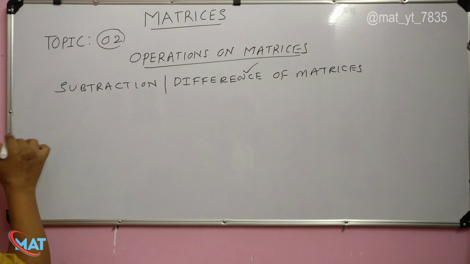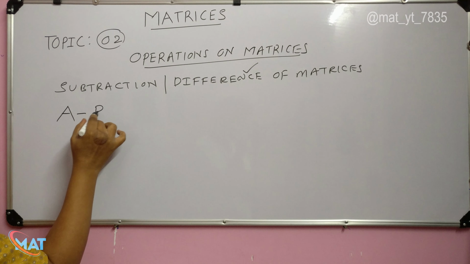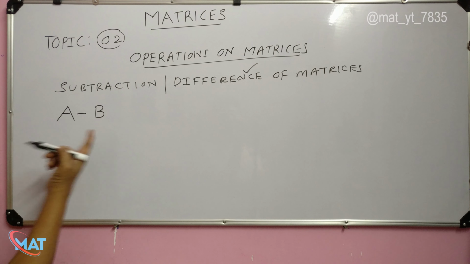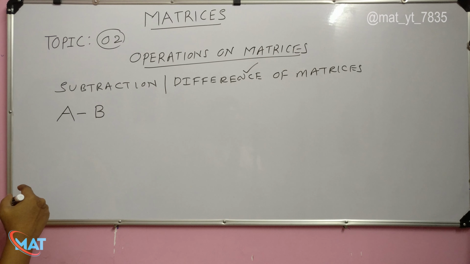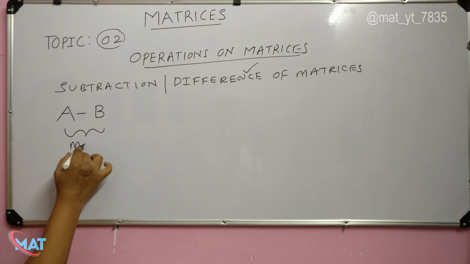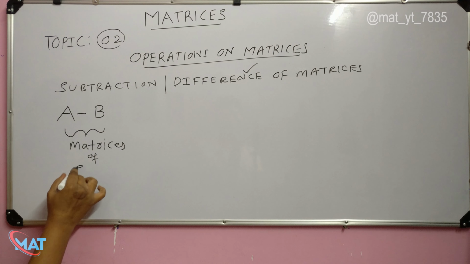So if I want to compute A minus B, or the difference between A and B, where A is one matrix and B is one matrix of the same size. Here also the same thing, matrices of the same size. Condition: matrices of the same size.